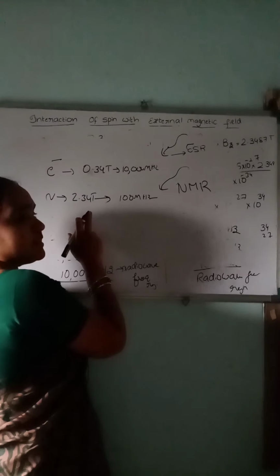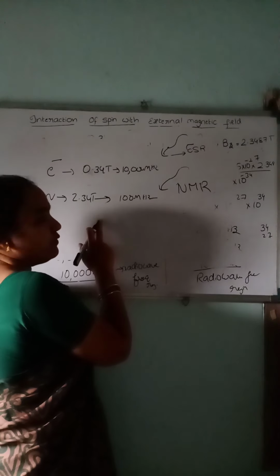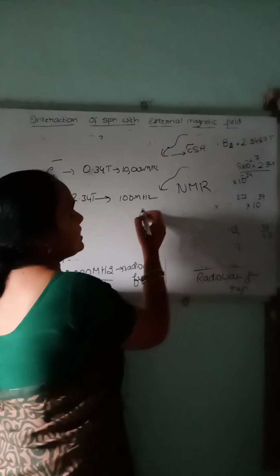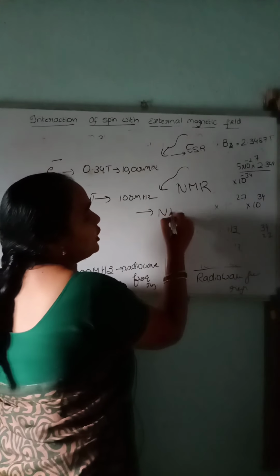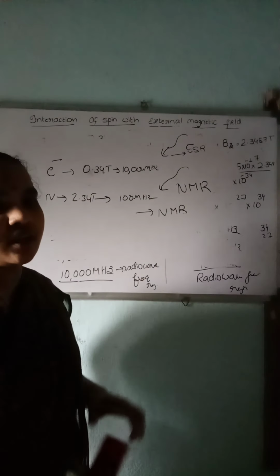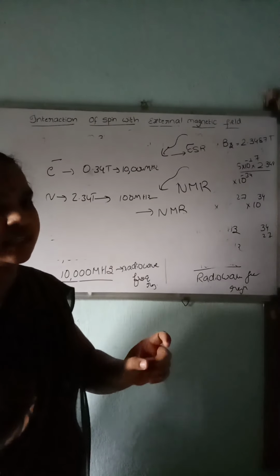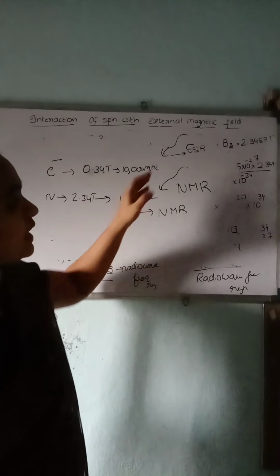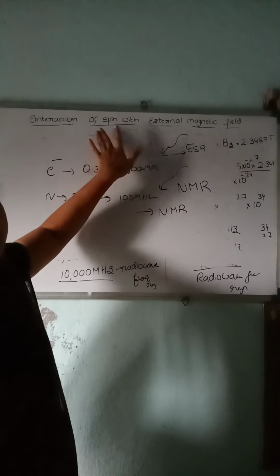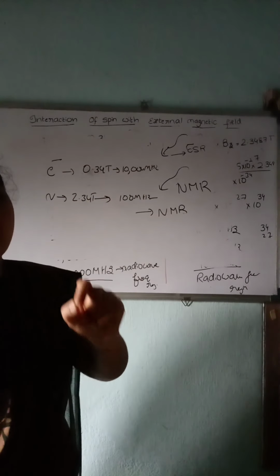Nucleons in the presence of an external magnetic field of about 2.34 Tesla will absorb the radio wave. This resonance phenomenon is nuclear magnetic resonance. These are the two important techniques we should know about, ESR and NMR. So this is the interaction of spin with an external magnetic field.